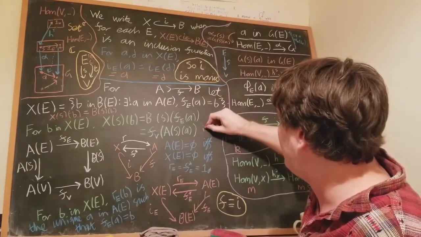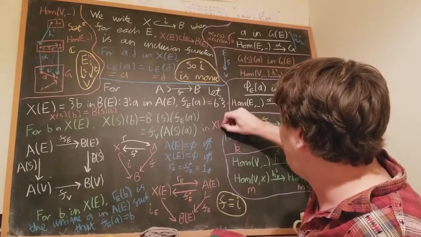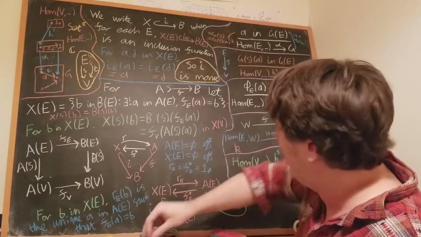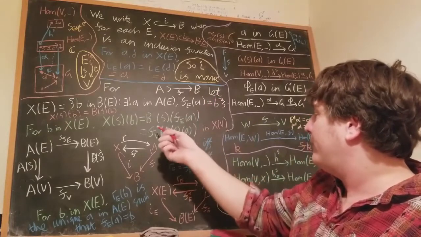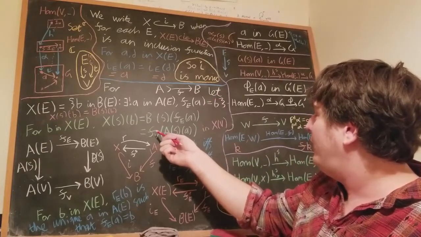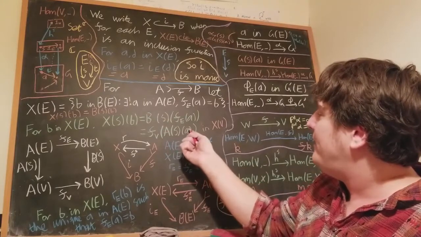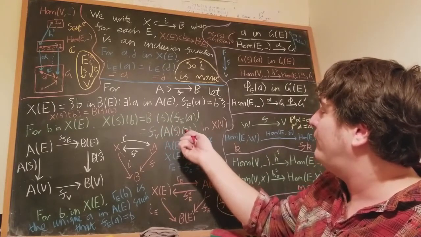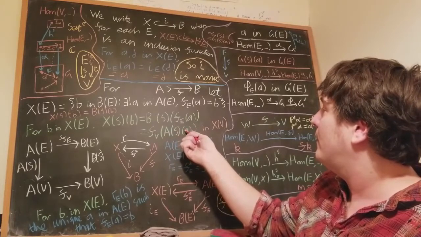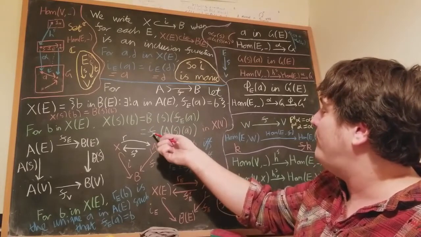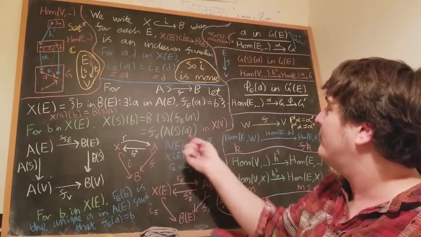And now we can see that this must be in x of v. Why? Because there is an element of a of v, in particular a of s of little a, which is such that f of v of this element gives us this thing.